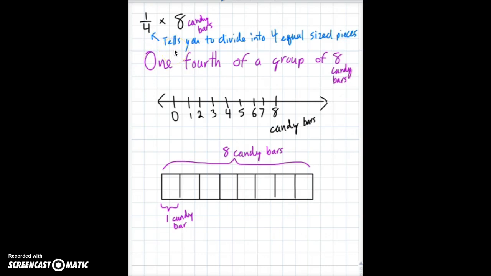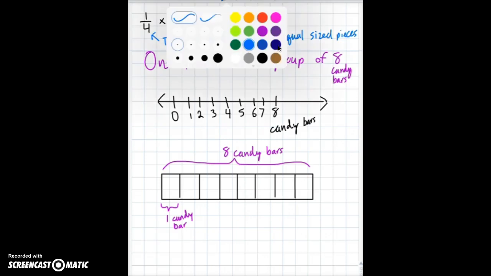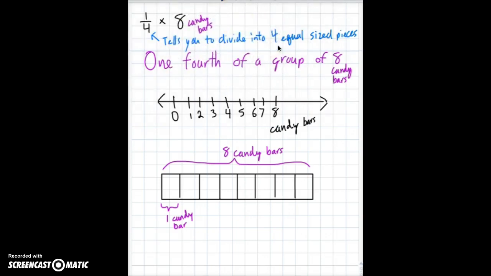So, since we're going to divide 8 candy bars into 4 equal size pieces, we are going to have to break it into 4 equal size pieces, but we only have to take one of them.